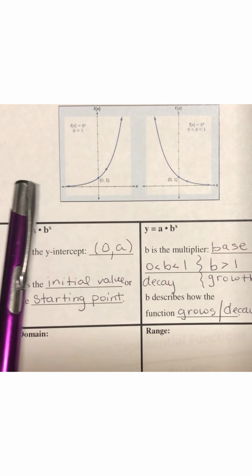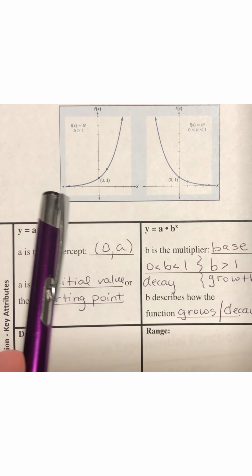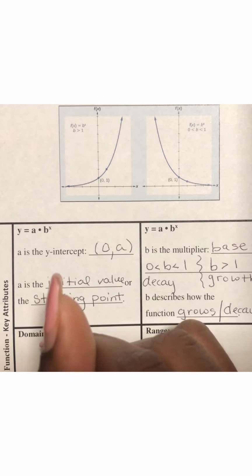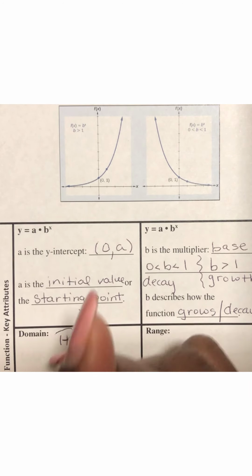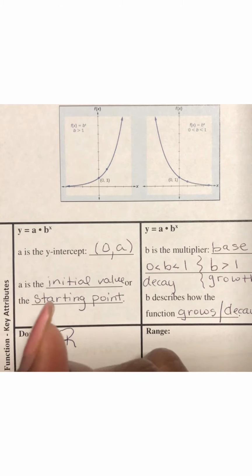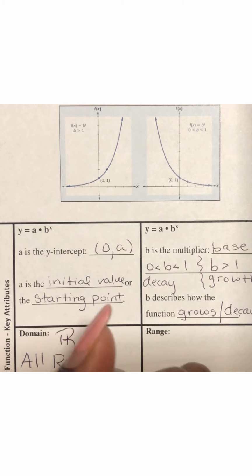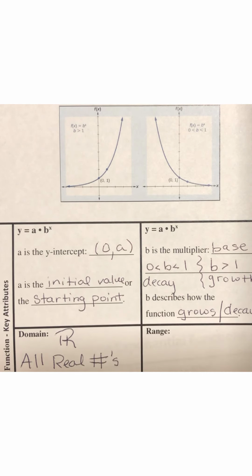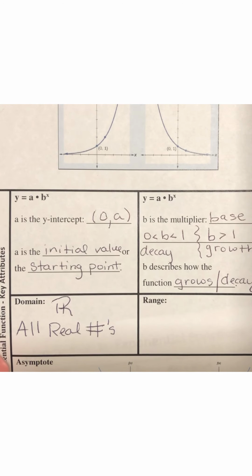So, if I'm shooting all the way to the left and all the way to the right, that means that my domain will be all real numbers. So my domain for an exponential function is all real numbers.